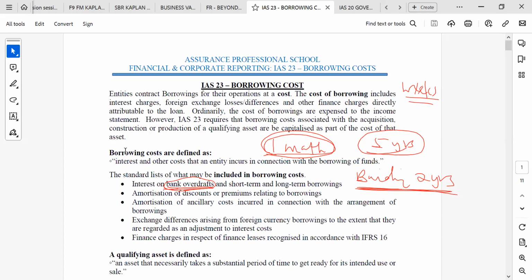Since you are writing the exam, the question will give you the substantial period, which will always be maybe 3 months, 4 months, 6 months. But the standard does not define the range of a substantial period. Any period that you think is reasonable, or any period that you can charge interest for, if it is a month, you can charge interest on a monthly basis.